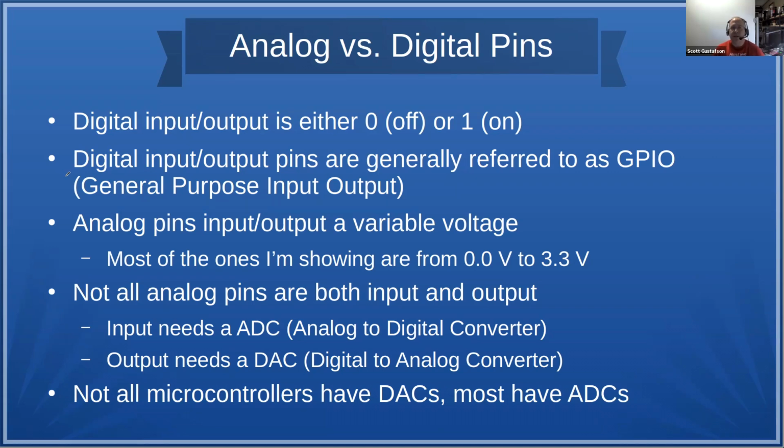You need a DAC, a digital to analog converter, which is how we go from, say, setting this pin to 50% and getting back the right value, or putting it to like 66% and getting 2.2 volts. So you just have to watch out for your particular kind of microcontroller, and I'm going to cover several examples here, so you'll see which ones have DACs and ADCs.